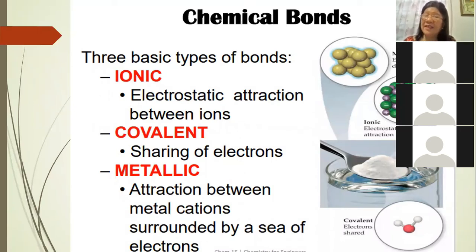For instance, we have CCl4, carbon tetrachloride, wherein carbon has 4 electrons. Your chlorine has 7, so it shares 1 electron with carbon to make it 8. Then carbon again, on top, has 4. CCl4.